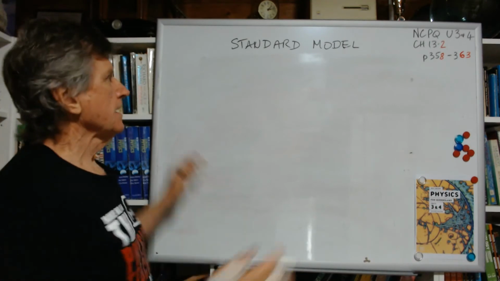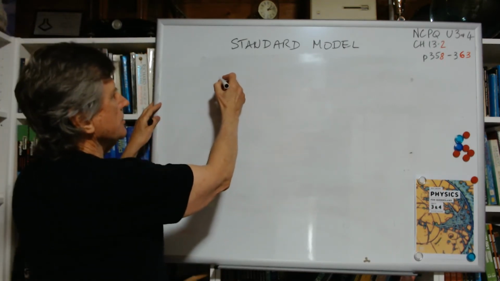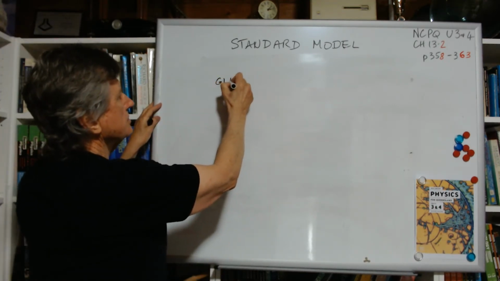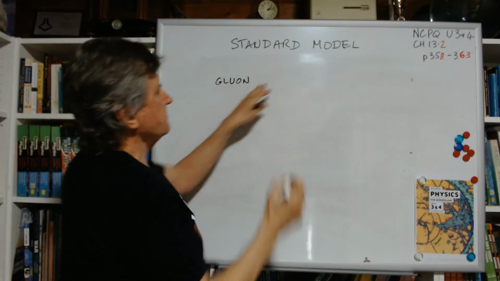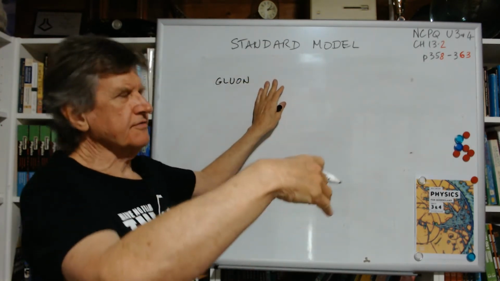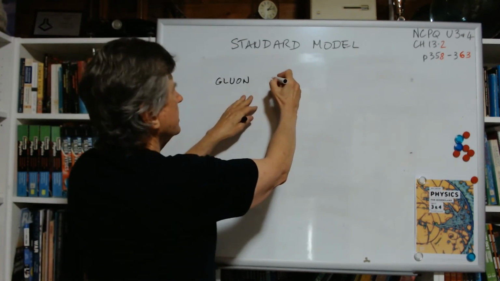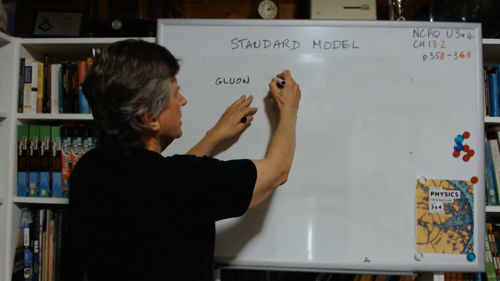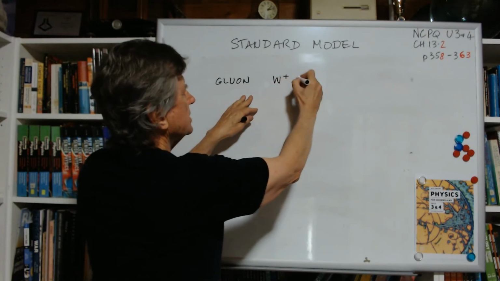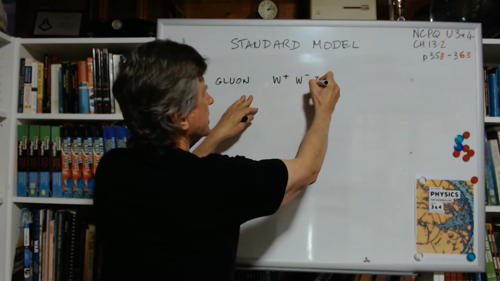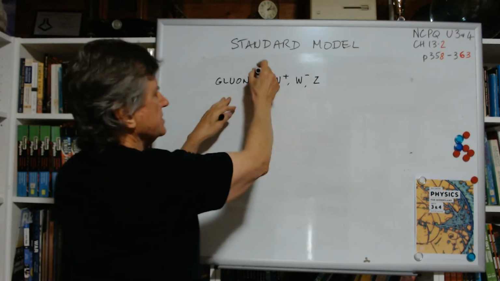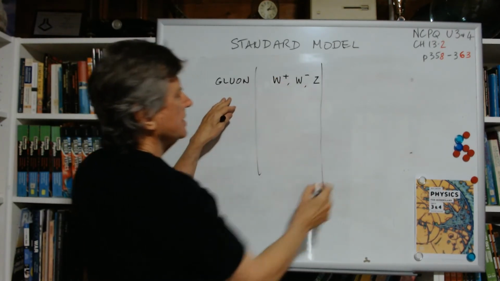The next one, I can put it in terms of the strength, but it doesn't really matter. I'm going to put here the W plus, W minus, and Z. Now that's the next group. So there are two bosons.